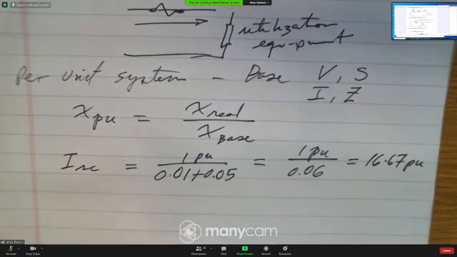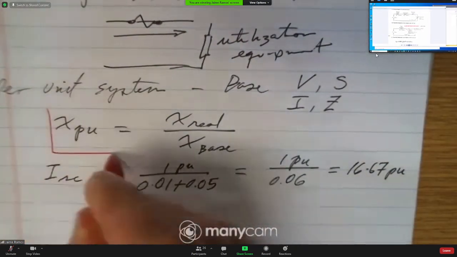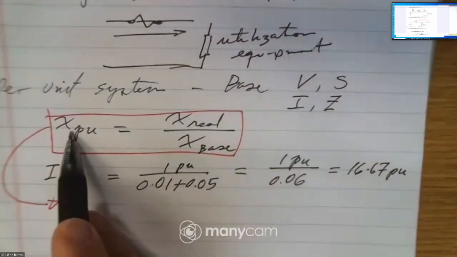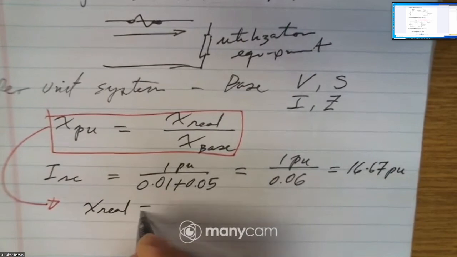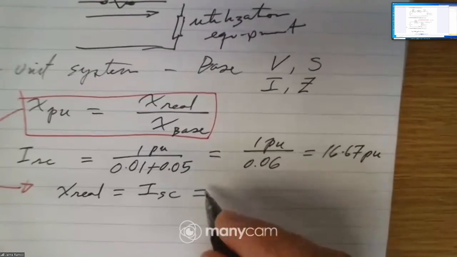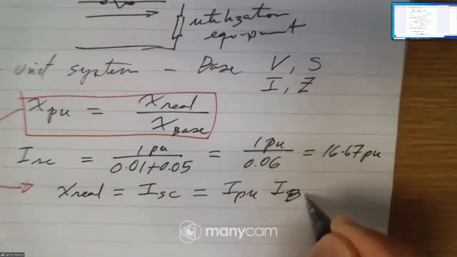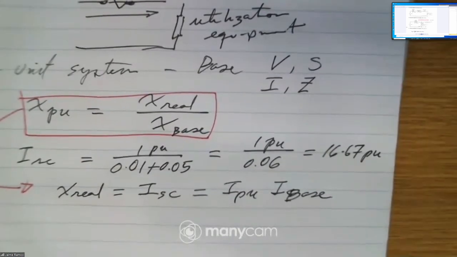Okay. Now we want to use this equation. Bring it over here. So now I know the per unit value, and now I know the base. So now I want X real, which is the short circuit current, equal to I PU times I base. And that's what we have here, that equation, 1,388 times 16.67.